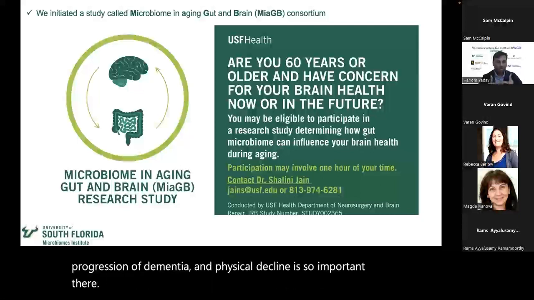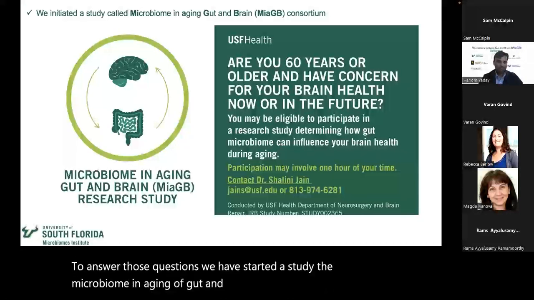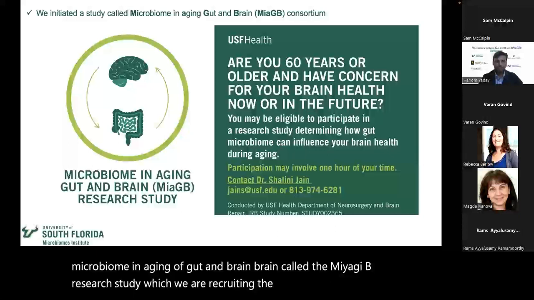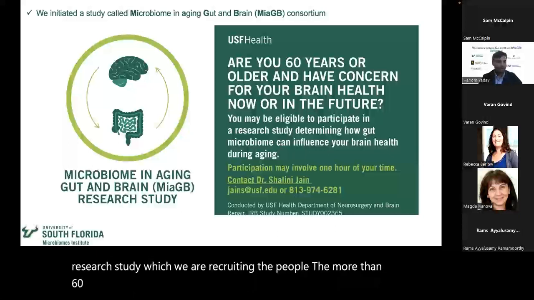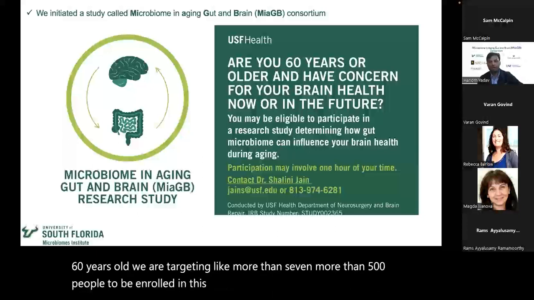To answer those questions, we have started a study called Microbiome and Aging of Gut and Brain, the MIA-GB research study, in which we are recruiting people more than 60 years old. We are targeting more than 500 people to be enrolled at 5 different sites.